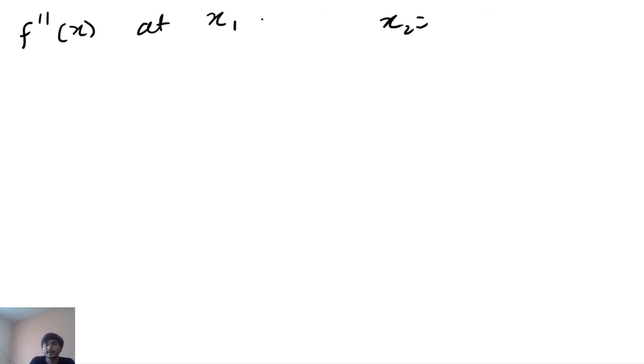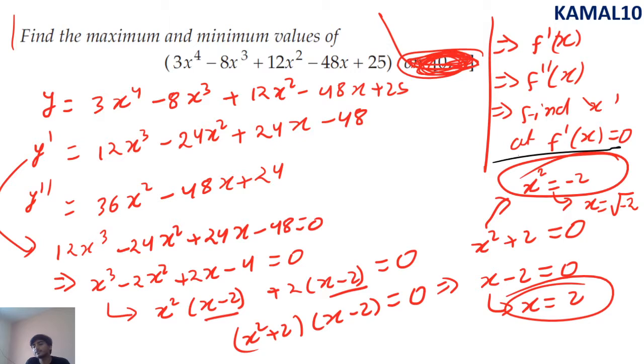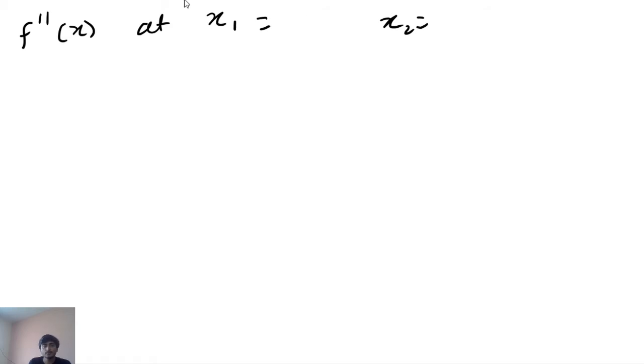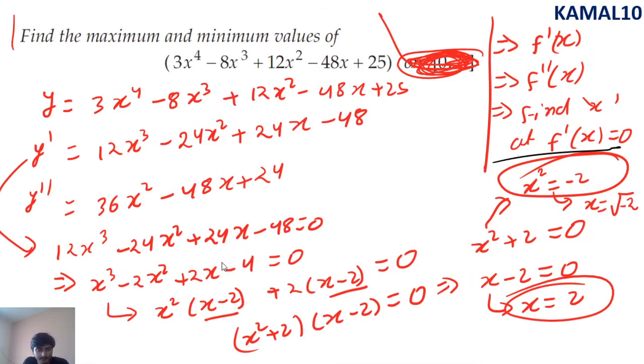At x1 we got the value x1 equal to 2 and x2 equal to minus root of minus 2. So here we will put 2 and here root of minus 2. I'll check this again. See, 2 into 2 into 2 is 8, minus 8 is 0. So 2 is satisfying, and root 2, minus root 2 will also satisfy it.